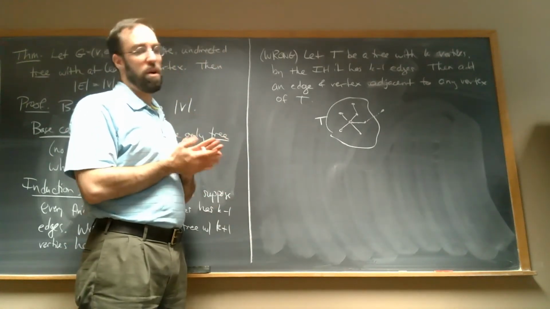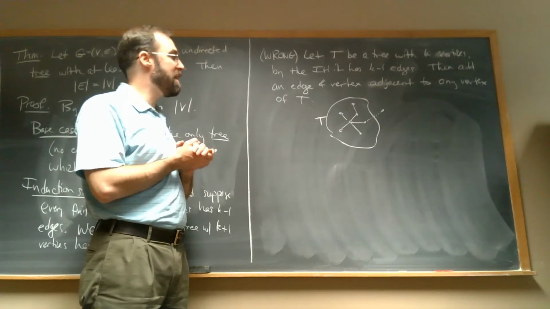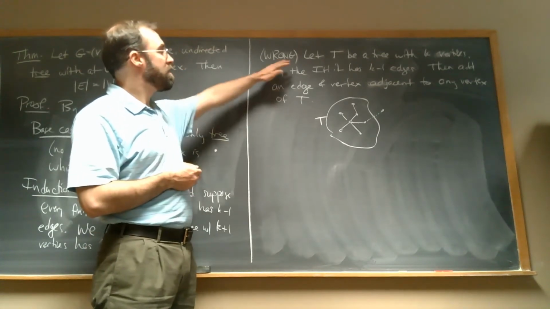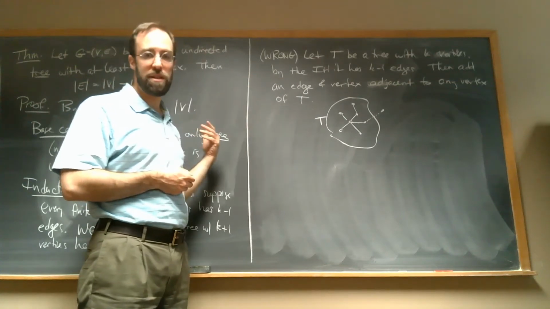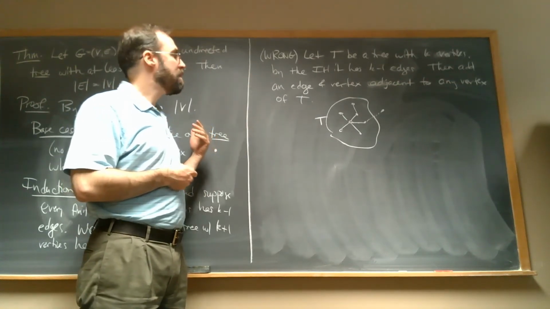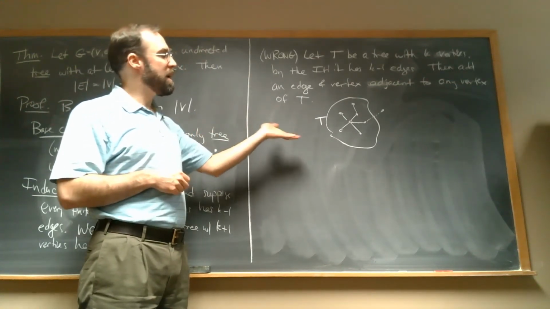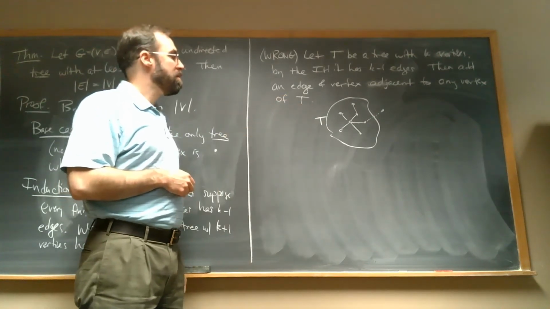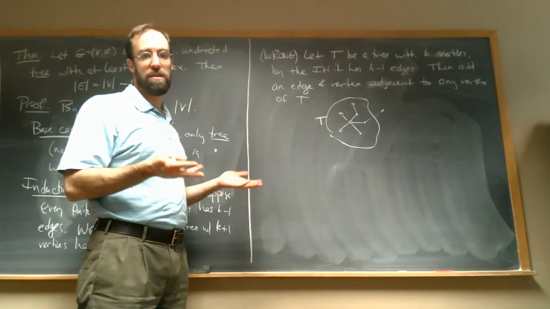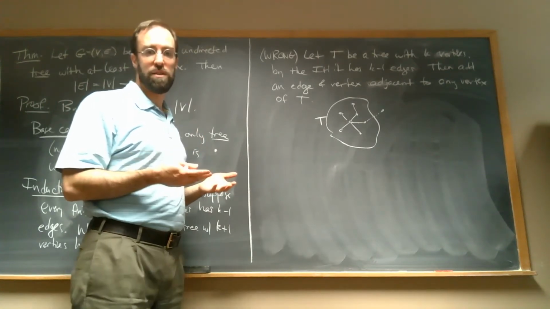So why is this wrong? Everything that I said actually is correct. If we say let T be a tree with k vertices, the induction hypothesis really does tell us it has k minus 1 edges. And it really is true that if we add a new vertex and a new edge, then I will end up with a tree that has k plus 1 vertices and k edges. That's all true.